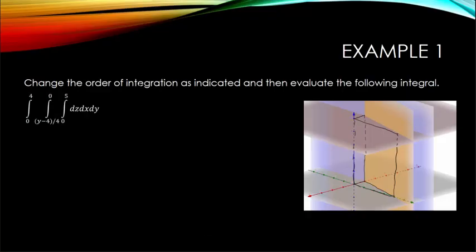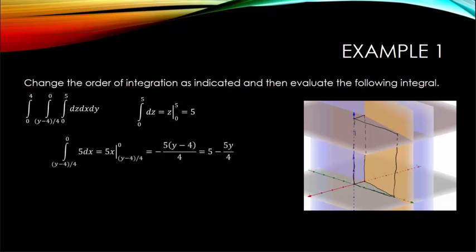Now I want to evaluate this integral. My inner integral from 0 to 5 dz becomes z evaluated between 0 and 5, which just gives me 5. I plug that into my middle integral, the integral from (y minus 4) over 4 to 0 of 5 dx, which gives me 5x evaluated from (y minus 4) over 4 to 0, and it gives me -5 times (y minus 4) over 4, which I can rewrite as 5 minus 5y over 4.